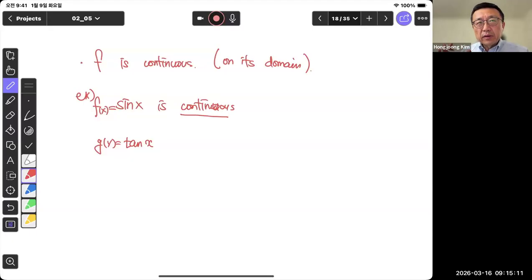So when people say the tangent function is continuous, that means this function is continuous at every point in the domain, which means x is not pi half, or not an integer multiple of pi plus pi half.